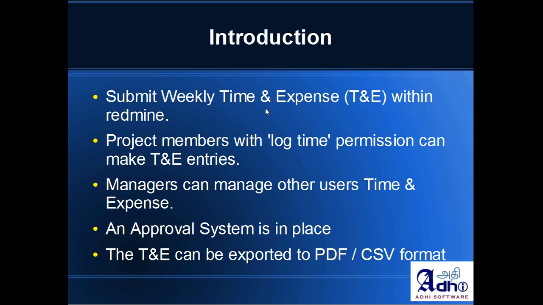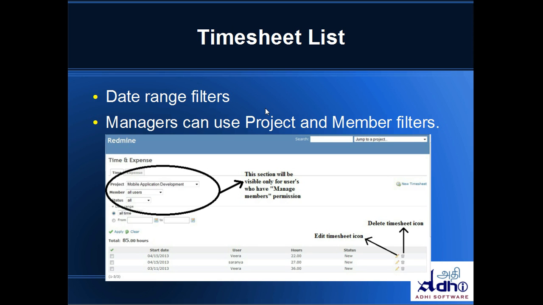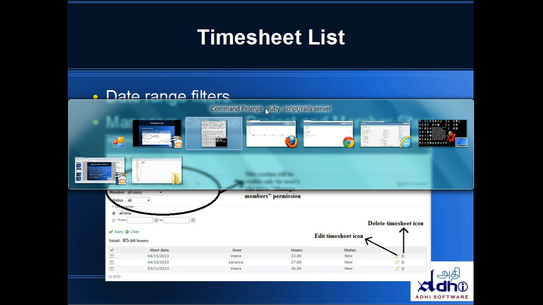We've also built in an approval system, where you can submit timesheets, approve, and reject. It has its own workflow, which we will discuss in detail. The whole timesheet or expense sheet can be exported to PDF or CSV format. First we're going to be starting off with the list page. I will also show you the demo from our test systems, so it will be easier to follow.